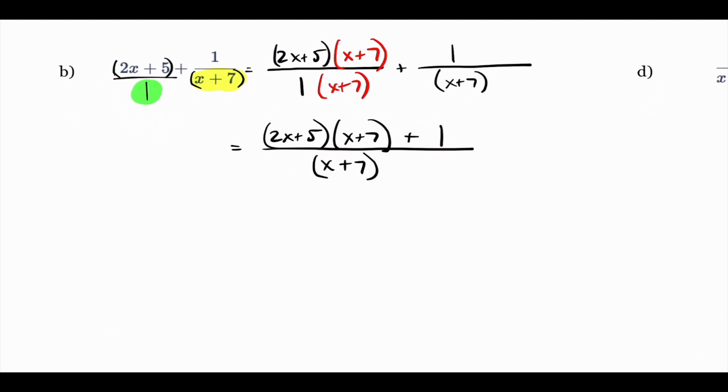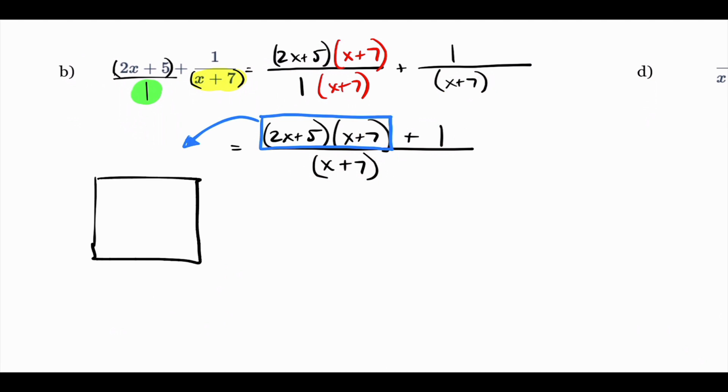Okay? But what I can do to the top is multiply these guys. I can't use distributive property because it's a binomial and a binomial. But what I can do, we've done this before, multiplication box. We've done that before.